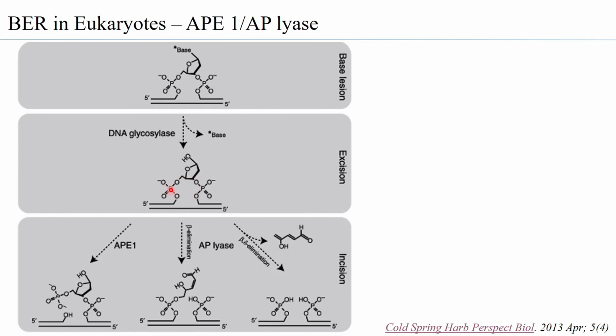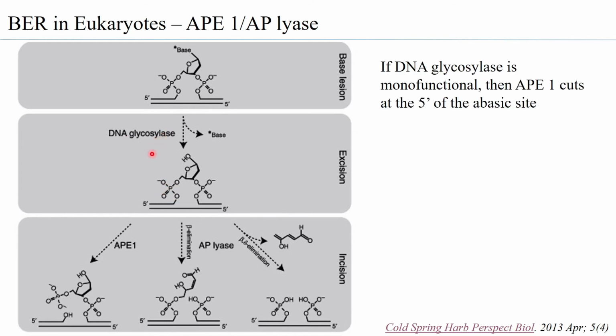Okay, so if the DNA glycosylase is monofunctional, then what comes in is another enzyme called the AP endonuclease 1. AP stands here for apyrimidinic or apurinic. So basically, it is an enzyme that is able to recognize an abasic site.